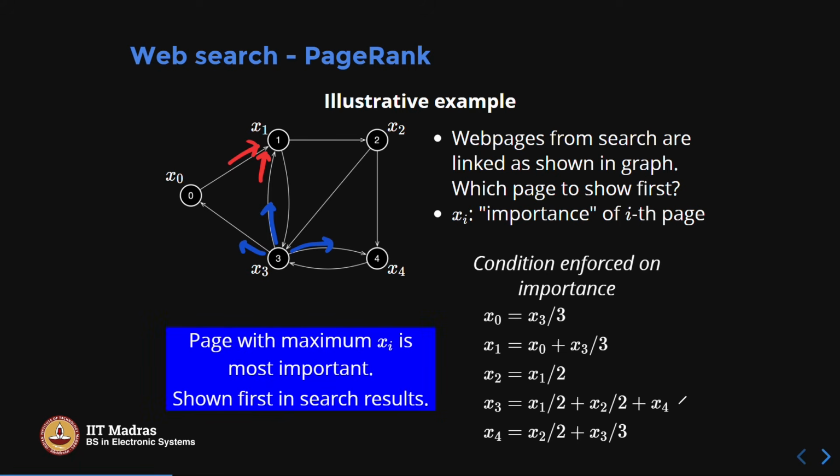So what do you do after this? You solve this system of linear equations and find out which xi is the highest, and you show that as the first search result, or you sort by decreasing level of importance. The highest goes first, next highest, like that, and you show that as the sequence in your web search.